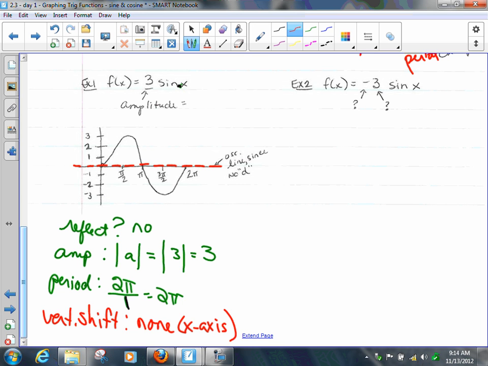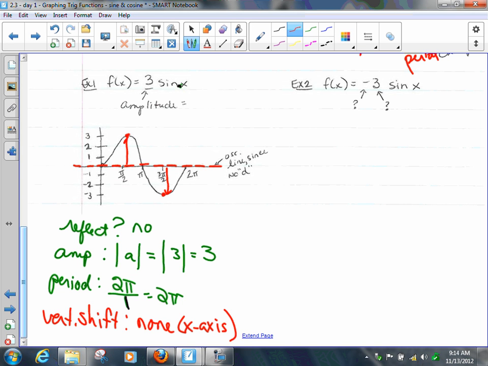Now listen very carefully. From the oscillation line, my amplitude stretches the curve. So that means from the oscillation line, my maximum value has to be 3 units above the oscillation line, and my minimum value has to be 3 units below the oscillation line.